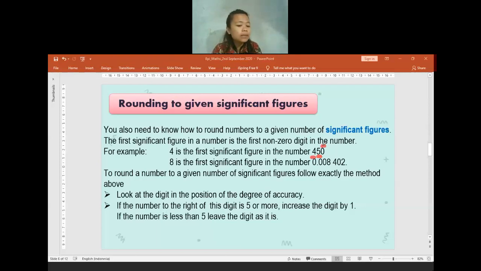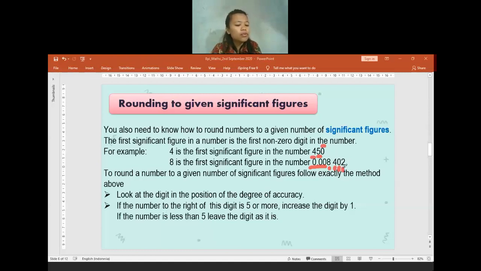Now if we have decimal numbers, the 0 in the front is not a significant digit. So the first significant digit will be 8. The second significant digit will be 4. The third significant digit will be 0. And then the fourth significant digit will be 2.